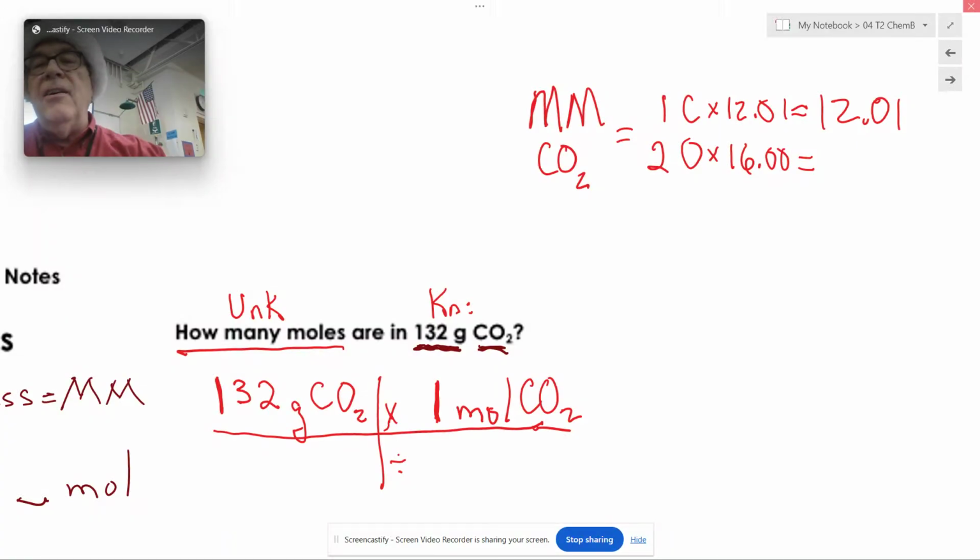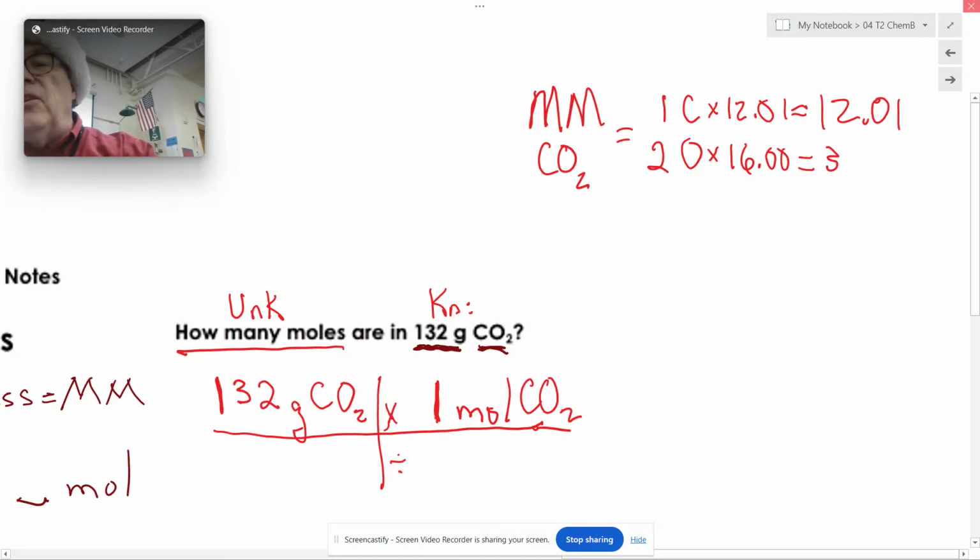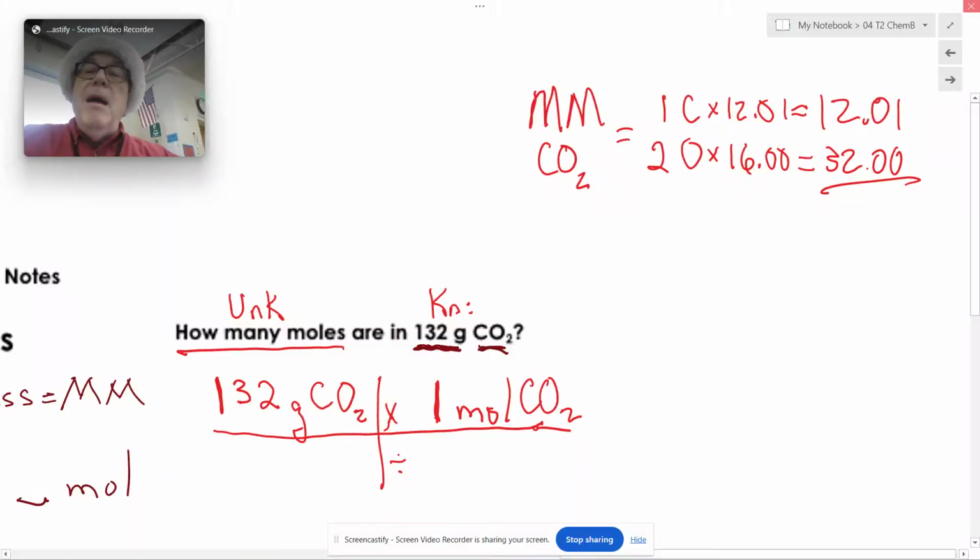I get my calculator out, I do 2 times 16, and I calculate 32.00. So remember, the molar mass is the sum of all the atoms that are in the formula. So now we have all 3 of those atoms, and we just add them together, and we get 44.01.